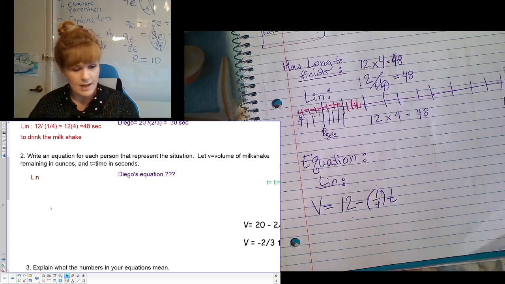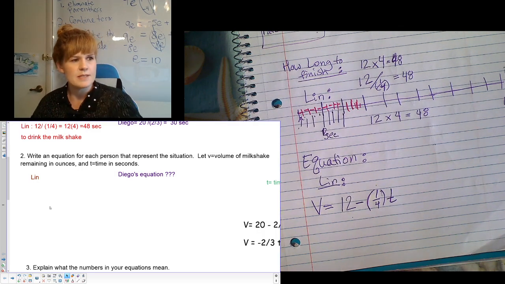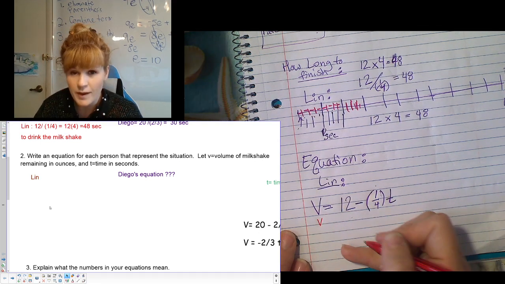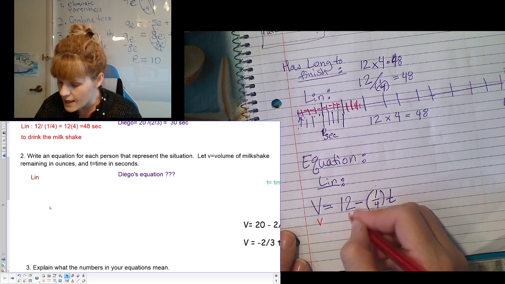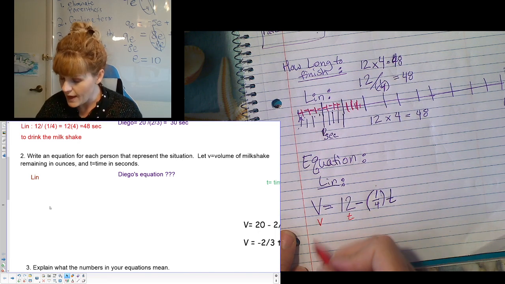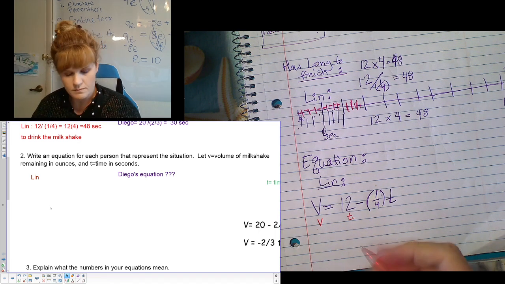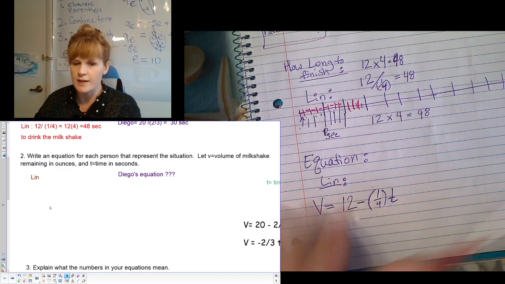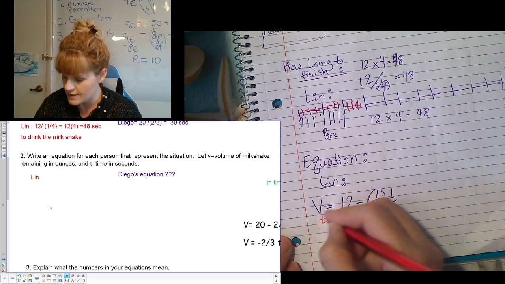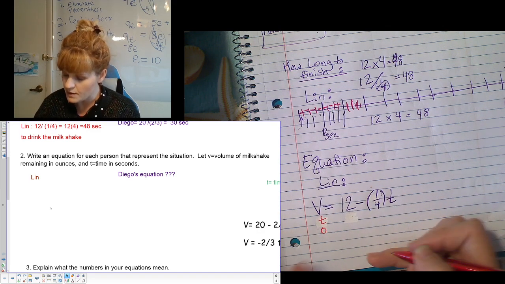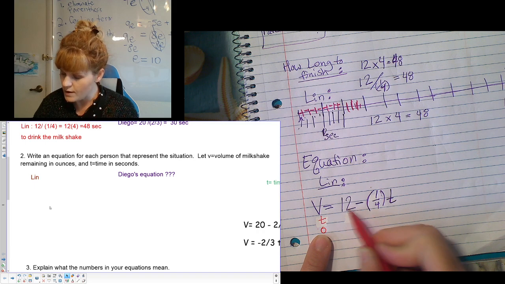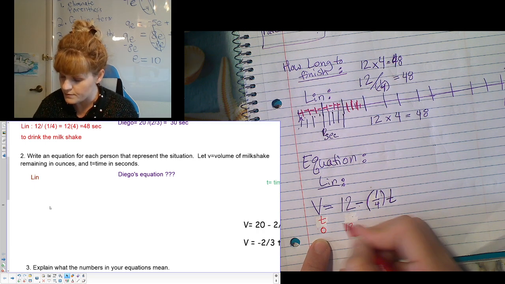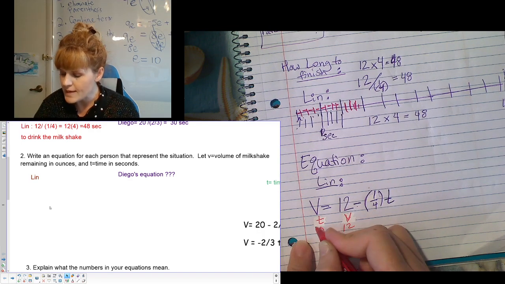I'm going to show you this in case you missed it before. If you're ever not sure if your equation is correct, make a table and see what you get. Please put T on the left side and you'll see why later. When T equals 0, the volume is 12 minus 1/4 times 0, and that is equal to 12. That makes sense.